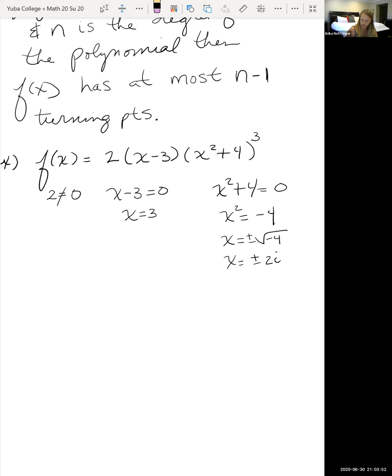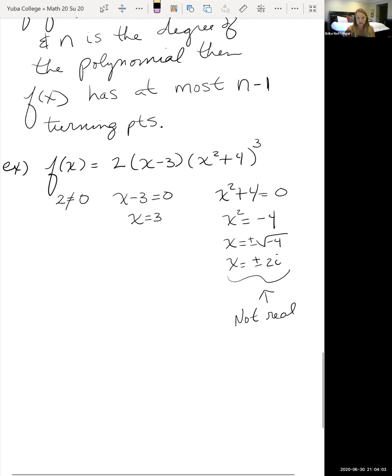So this is not real. But later this week, so I might as well just tell you, we're going to be looking for roots that are all types of zeros. And so these would be considered zeros, but they're just not real zeros. And so we only have one real zero, and it's x equals 3.